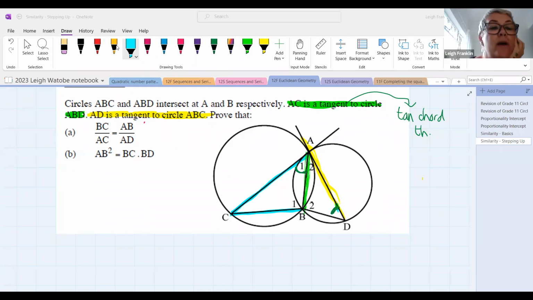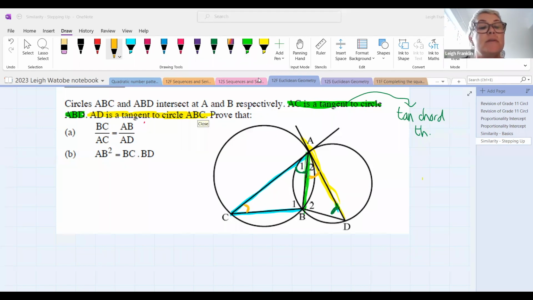Beautiful. Straight away you got that. Fantastic. So angle A2 and angle C. 100%. Can the rest of us see that? If angle A2 is the angle between the tangent and the chord, it will be equal to the angle in the alternate segment, which will be angle C. Very, very good.